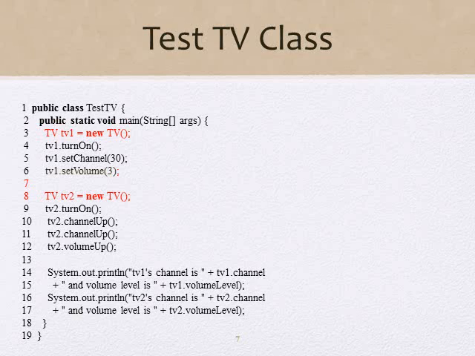Lines 14 and 16, where we do the system.out, access the object's properties directly. So we've pretty much tested our class, and now we can turn it over to programmers that need to use a TV object in their program. They have no reason to test the object. We've tested all the methods. They all perform correctly.